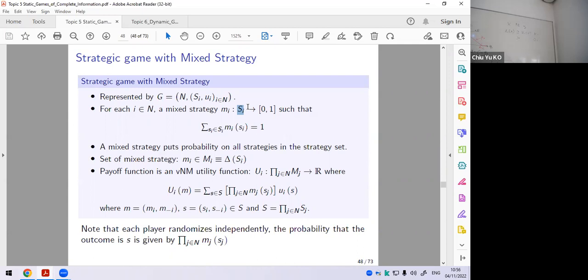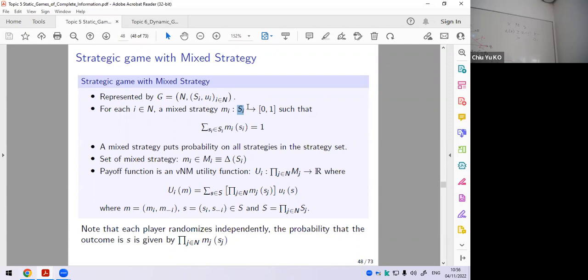Maybe this is a little bit clumsy, so let me write this case out as a matrix, then you understand this notation. So player 1, player 2. Player 1 has strategy S1, S2, say. Player 2 also has S1 and S2.